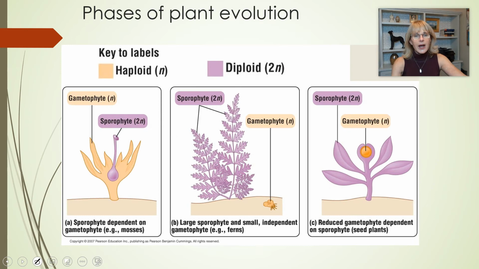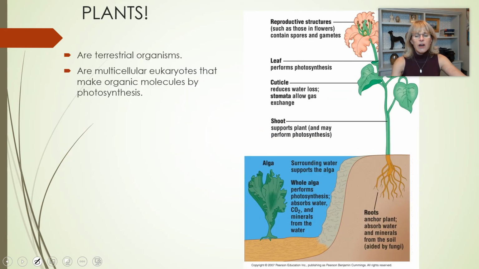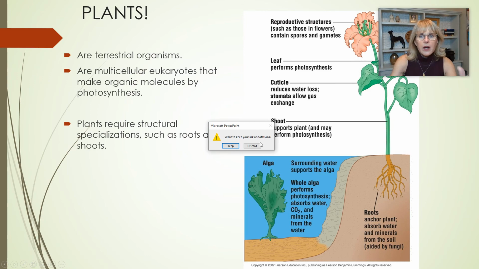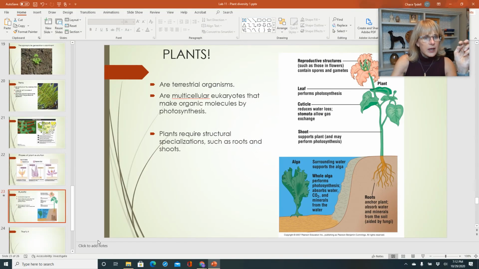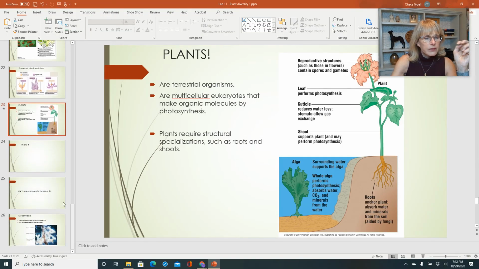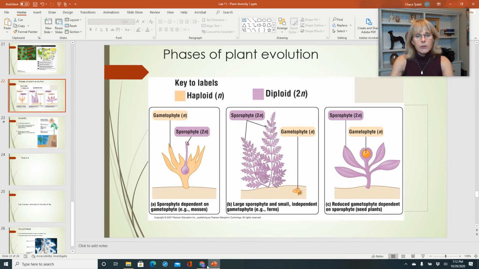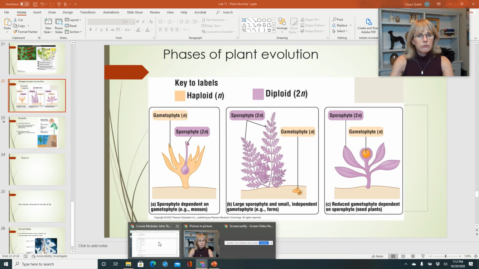Okay, do I have a picture? Oh man, I wanted to show you a picture of what a... Do yourselves a favor and look up what a sporangium looks like through the microscope.